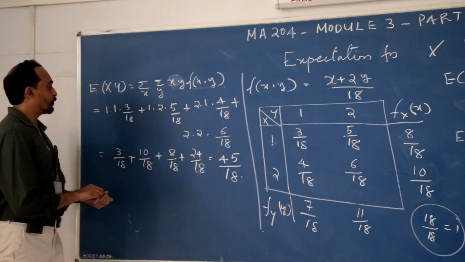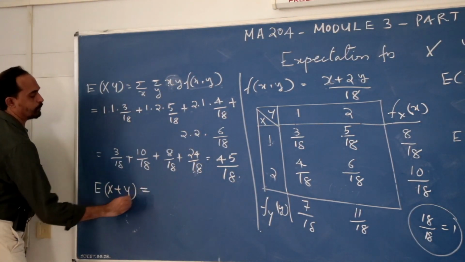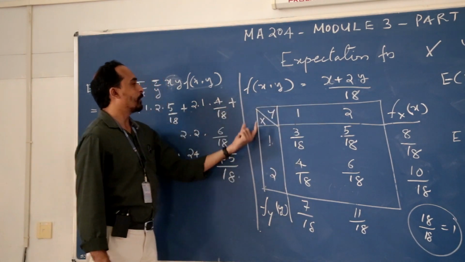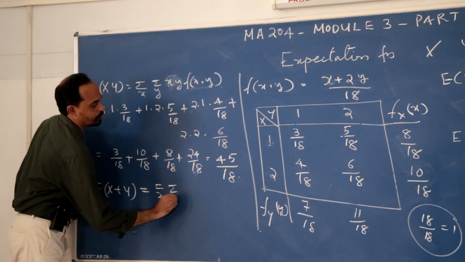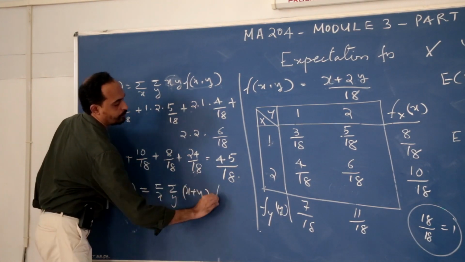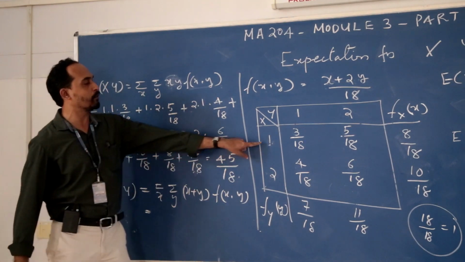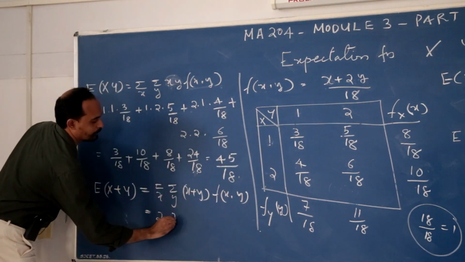In the similar way, if we are taking expectation of x plus y, summation with respect to x, summation with respect to y, x plus y into f of xy goes in this way. When x equal to 1, y is equal to 1, 1 plus 1, 2, 2 into 3 by 18.